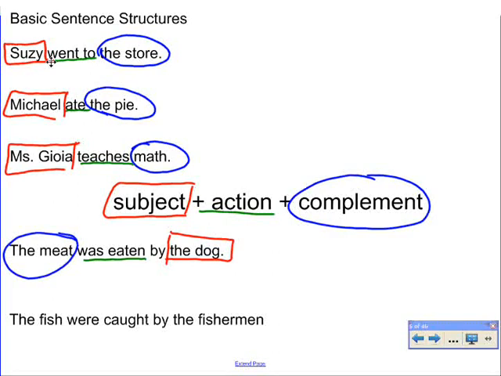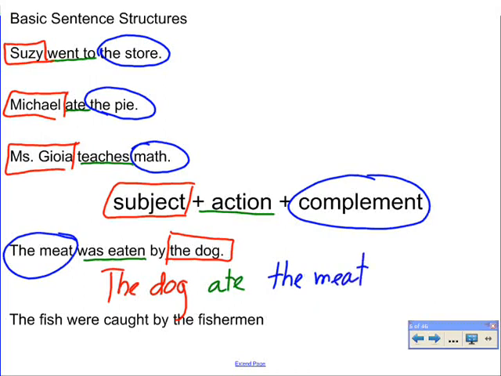So you can clearly see that this is not in the subject, action, complement form, but we can very easily rewrite this as the dog ate the meat. Now this means the exact same thing, but it is in much simpler sentence form.